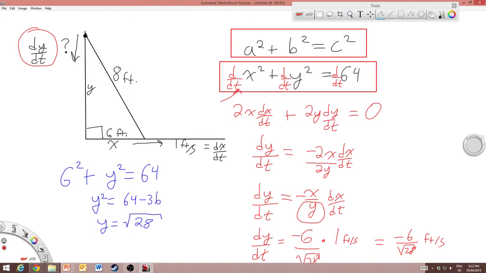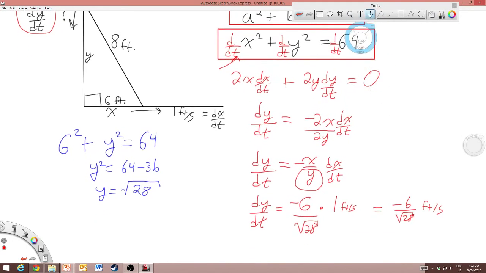So a lot of the time in related rate problems, the process is very similar. We figure out what the equation is, and then we just take the derivative of it with respect to time, isolate for the rate we're interested in, and then fill in the numbers that we know.